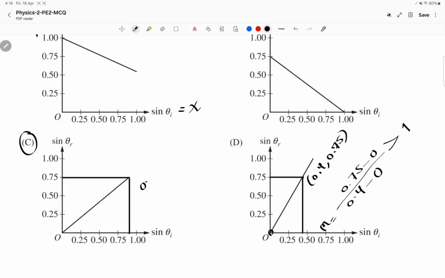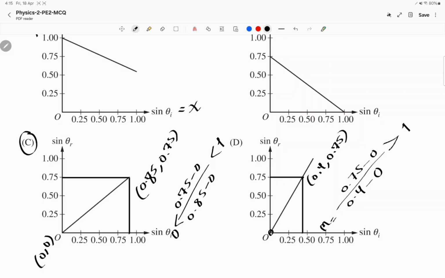So we're going to say 0.85 as the x and 0.75 as the y. This is 0, 0, so y2 minus y1 over x2 minus x1. That would be less than 1, but bigger than 0. So it's perfectly choice C.